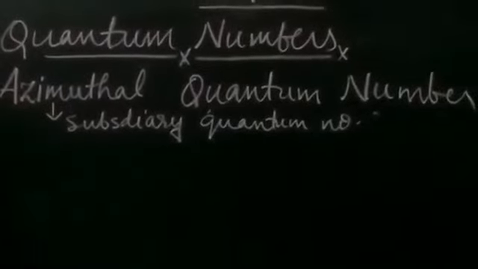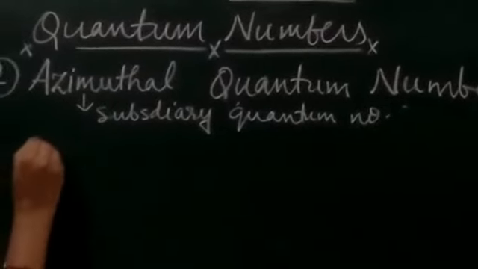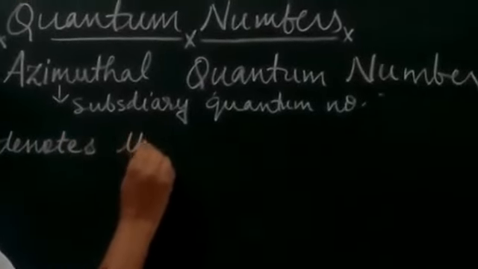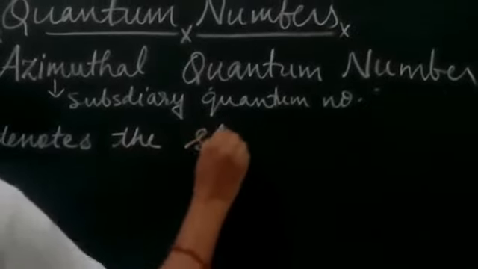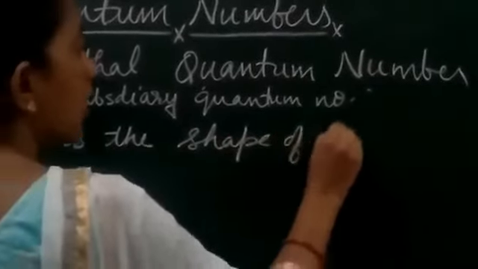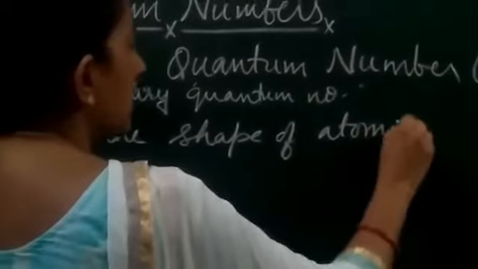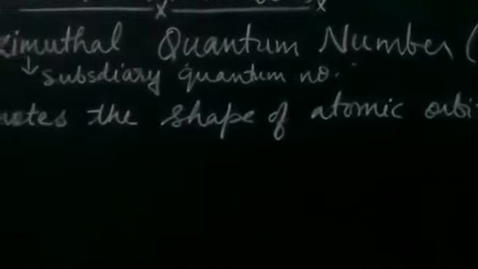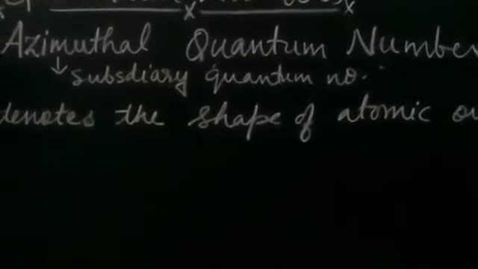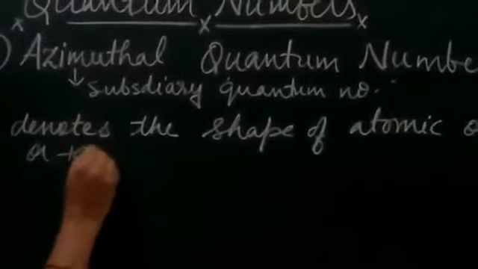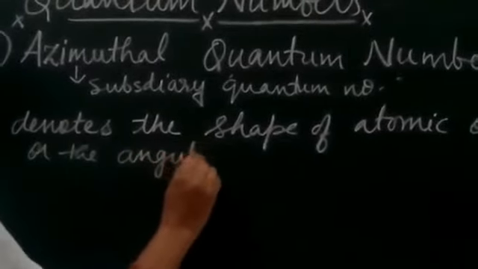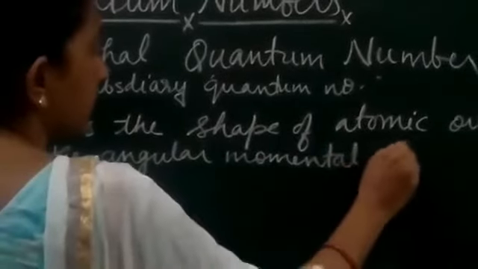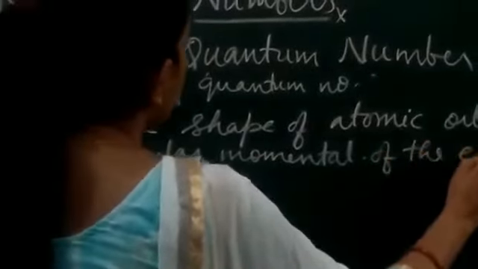Now the azimuthal quantum number denotes the shape of the atomic orbital or the angular momentum of the electron.